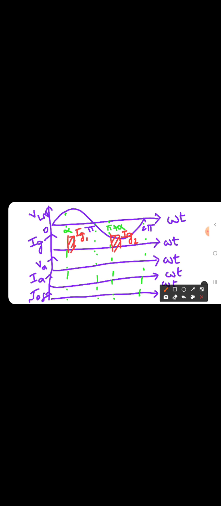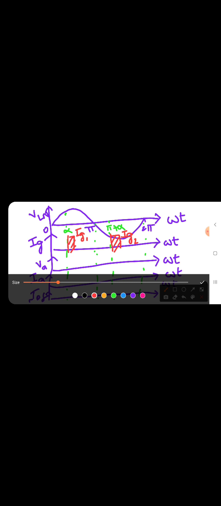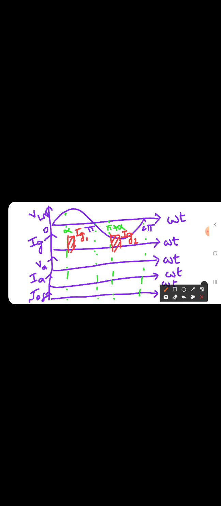From alpha to pi, the output voltage VA is equal to VLN, the same as the input voltage. From pi to pi plus alpha, it is 0. Again from pi plus alpha to 2 pi, it is the mirror image of the input voltage, like this. From 2 pi to 2 pi plus alpha, it is 0.